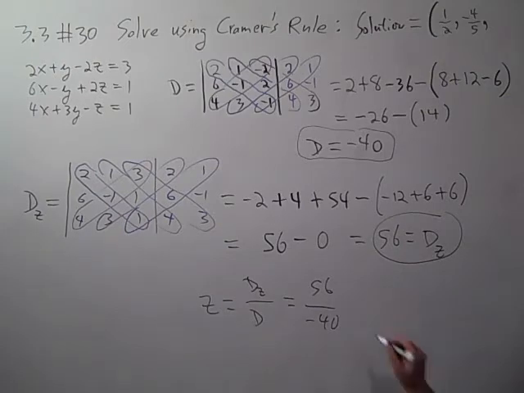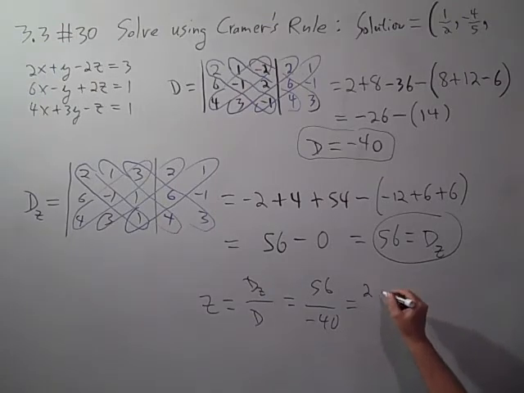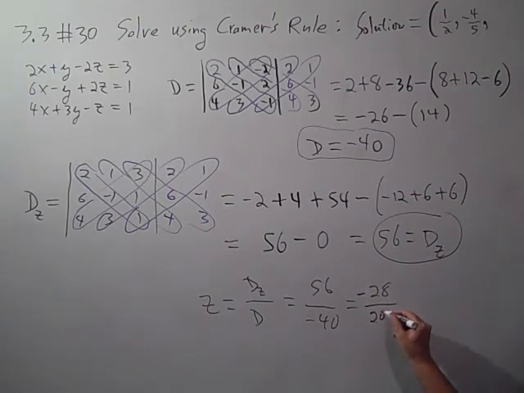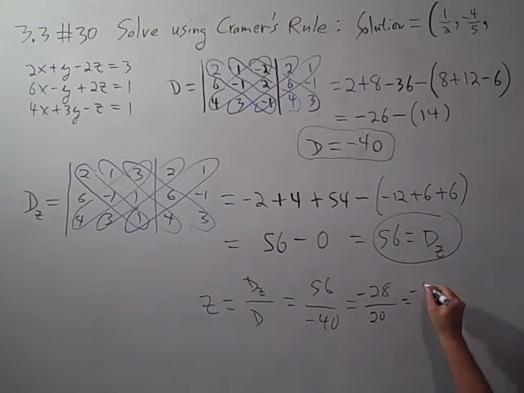And let's see, that's the same as negative 28 over 20, or negative 14 over 10, or negative 7/5.